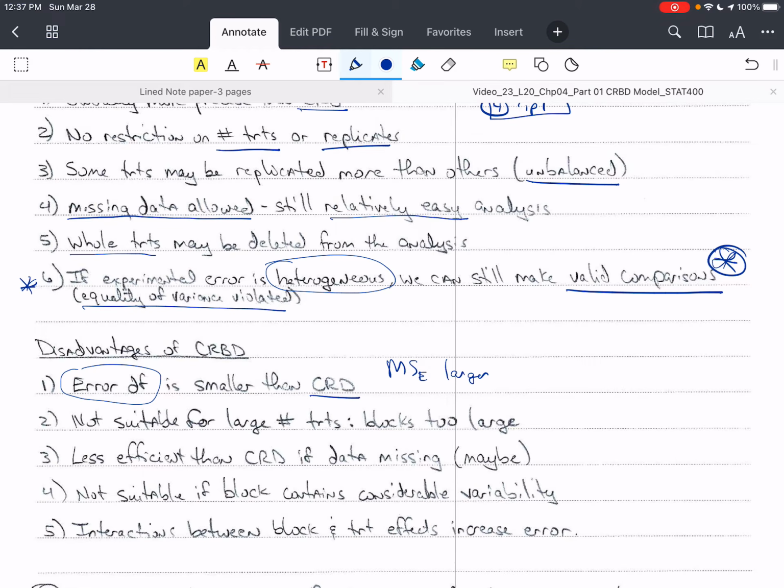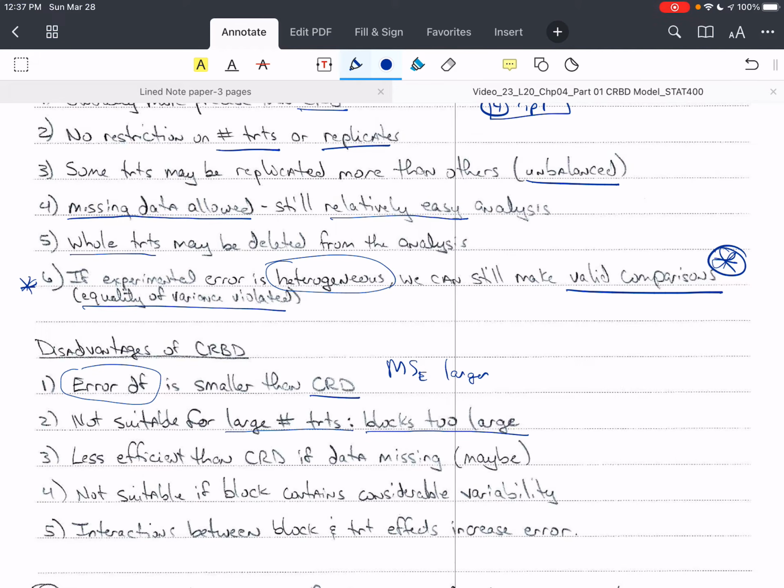We're partitioning the variation into 3 portions instead of 2: 1 for the treatment, 1 for the blocks, and 1 for the error. So even though this is smaller, it's not that bad of a disadvantage. Okay, it's not suitable for a large number of treatments. Even though theoretically we could have as many as we want, this may create a need for the blocks to be too large or impractical to handle.